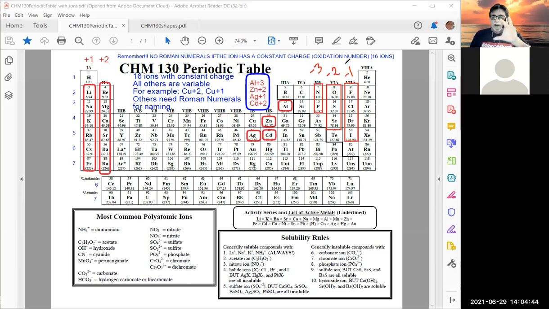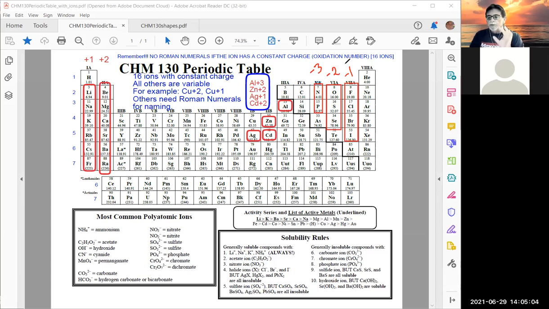So those are the 16 elements whose charge you know when they become ions, specifically cations. And you know the nonmetals that become anions and their specific charge.